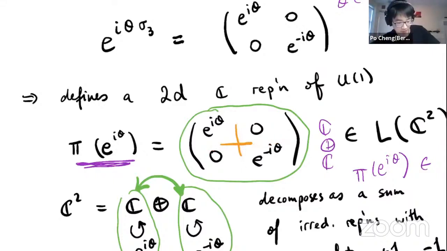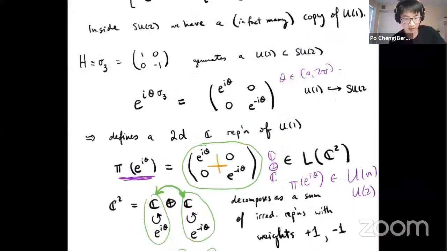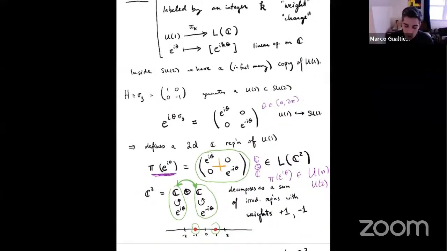Okay, so that matrix didn't exactly come from sigma 3, correct? Both are true. What I said is true and what you said is true as well.